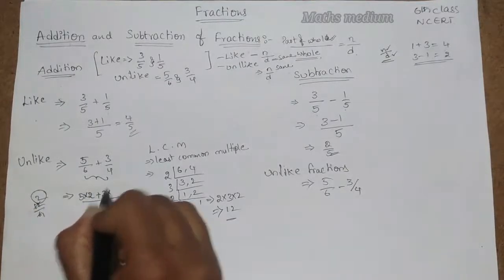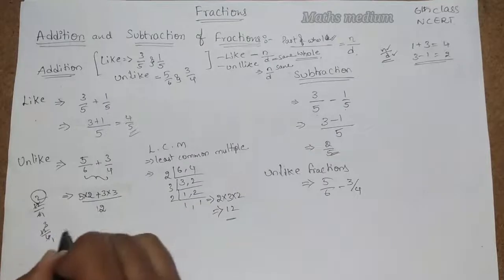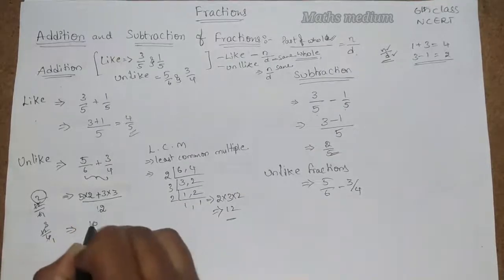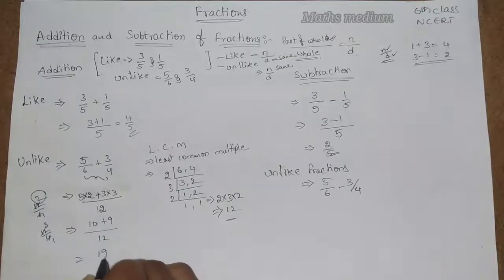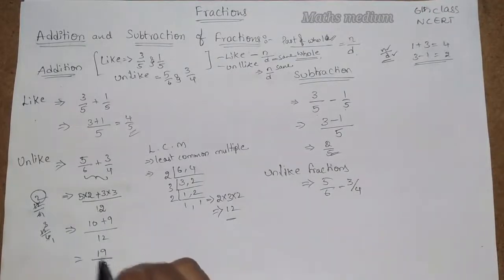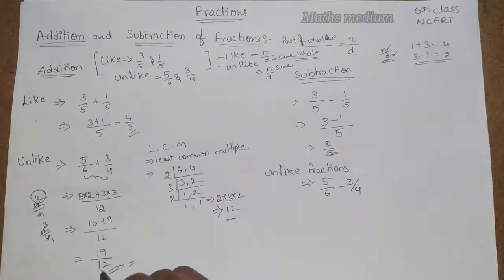Similarly here 3 into, how many times does 4 divide 12? 4 3s are 12, so 3 into 3. Now 5 2s are 10, 3 3s are 9, over 12. So it means 19 by 12. There is no common factor for these two, so we cannot simplify this fraction. The addition of these two gives 19 by 12.